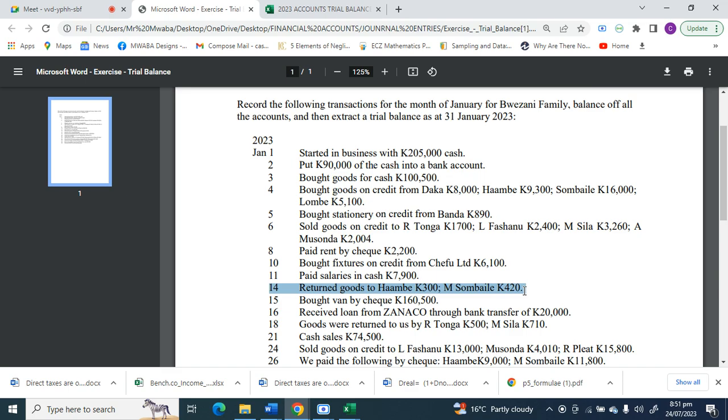Contra expense meaning it reduces the purchase expense. Remember in your trading account, you've got opening inventory, purchases. Then you see a part where it says deduct return outwards. So it's a contra expense. It reduces an expense.